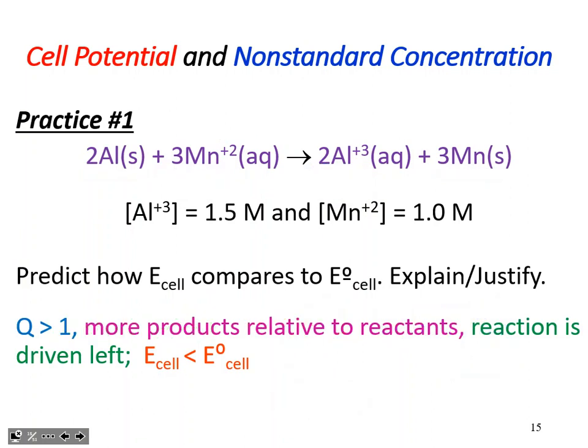You would say Q is greater than 1, more products relative to reactants, the reaction is driven left, and E cell is less than standard E cell. The non-standard is less than the standard, like so. So keep that in mind.